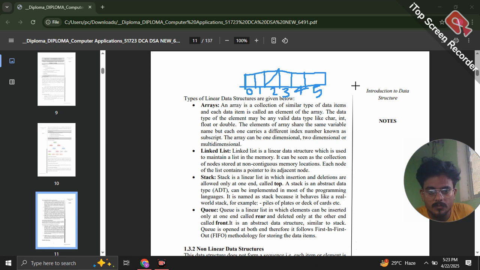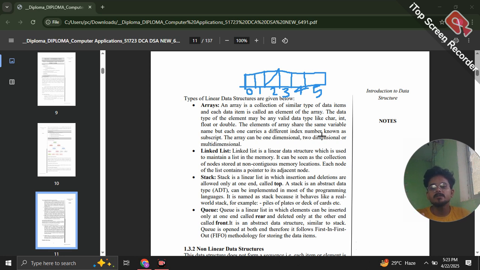So in types of linear data structure, we are just completing arrays. Arrays is the first data structure, and data is stored in this manner. For example, if we have to store some numbers, it will start from index number 0, and from index number 0 we will move 0, 1, 2, 3.